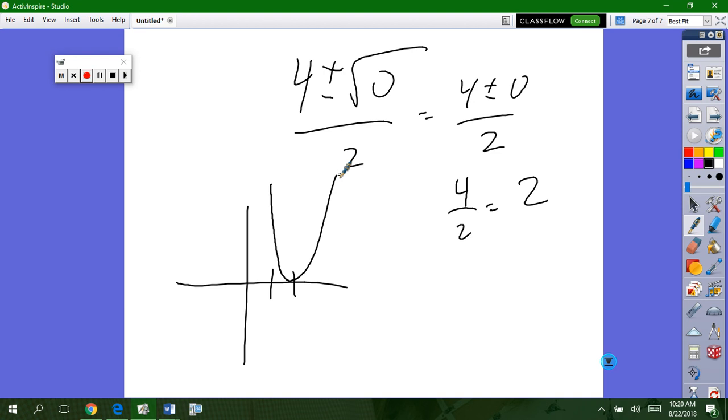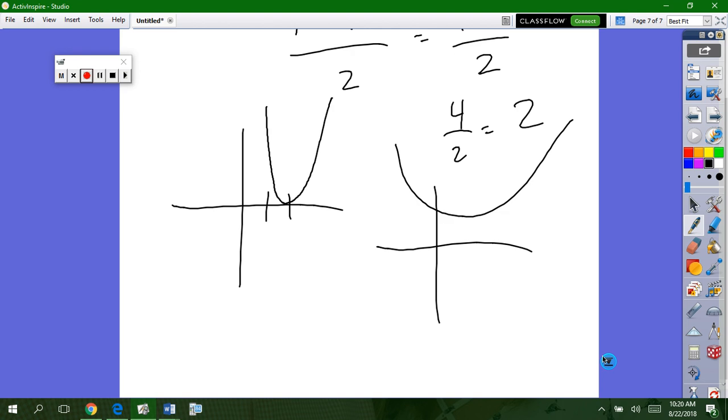Okay. How many solutions do we have with this kind of graph? 0, but that's 0 real solutions. But how many imaginary? Because every quadratic can always have 2. It might be 2 imaginary, but it's still 2 solutions. Does that make sense? So you would say 0 real, but 2 imaginary.